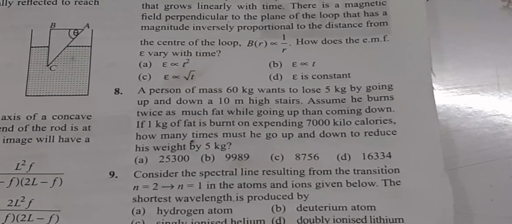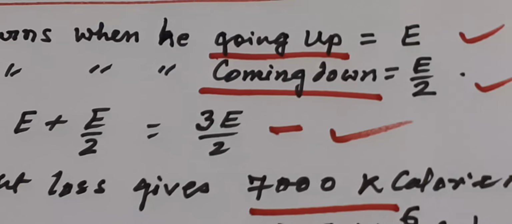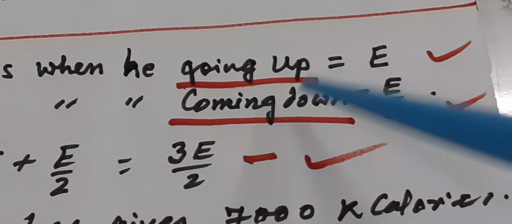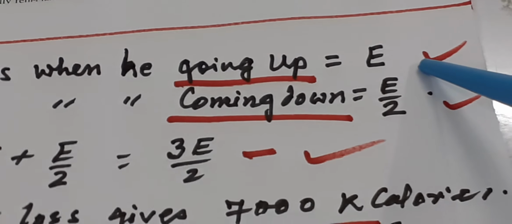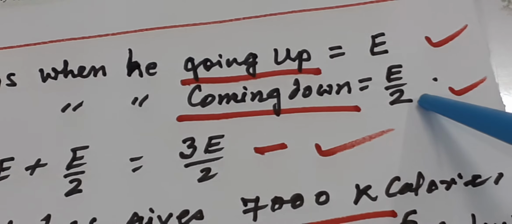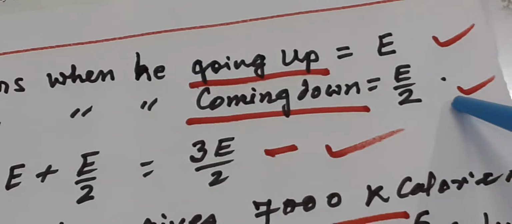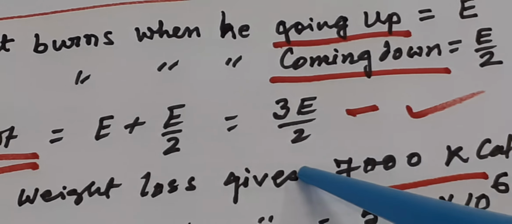Say the fat burnt when he goes up is E. When he comes down, it will be E by 2, according to the question. Now the total is 3E by 2.